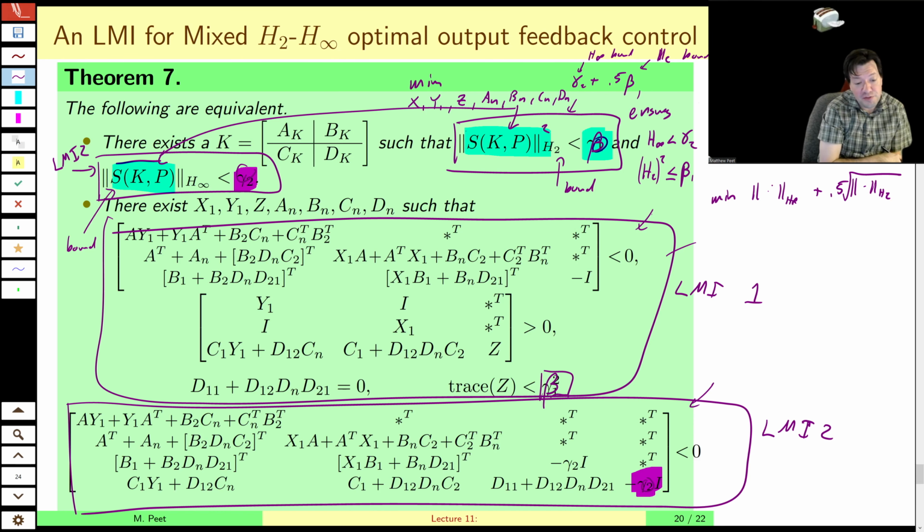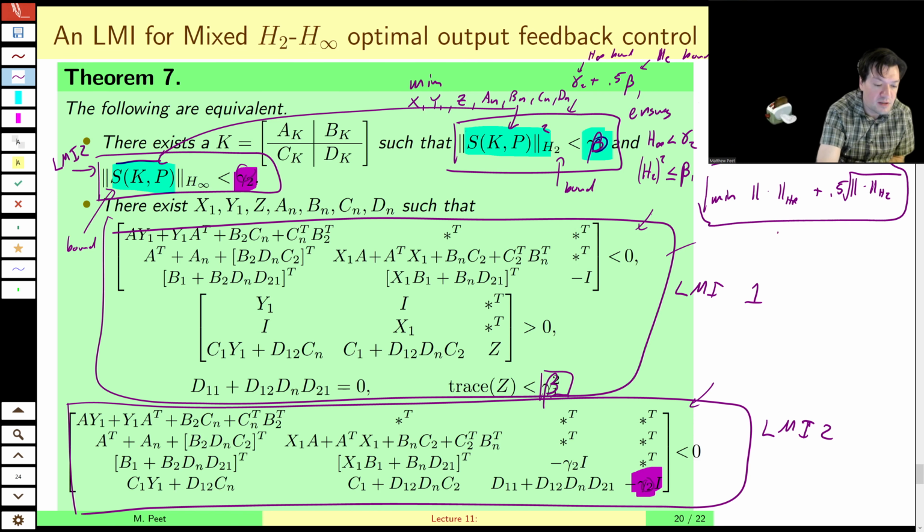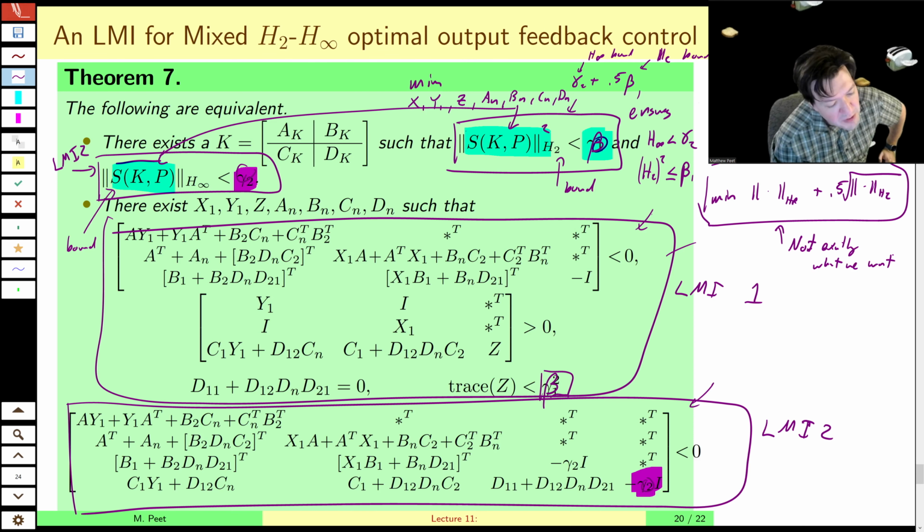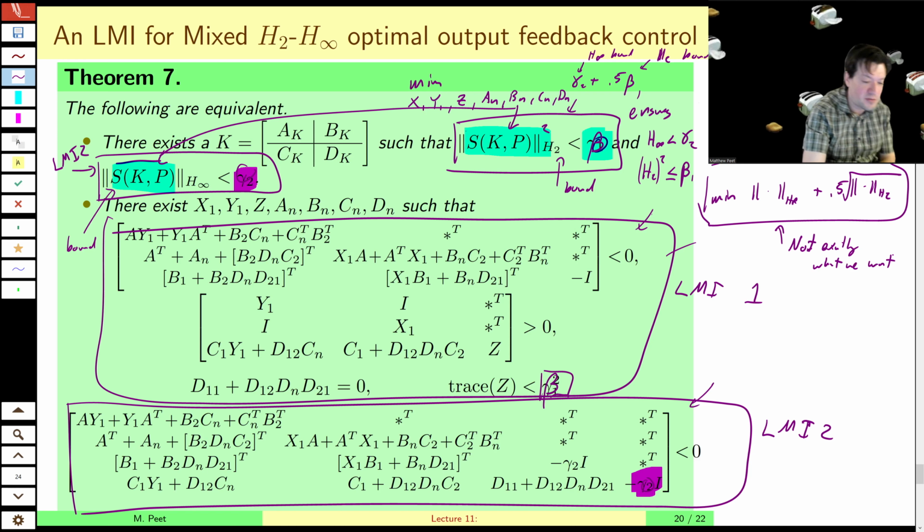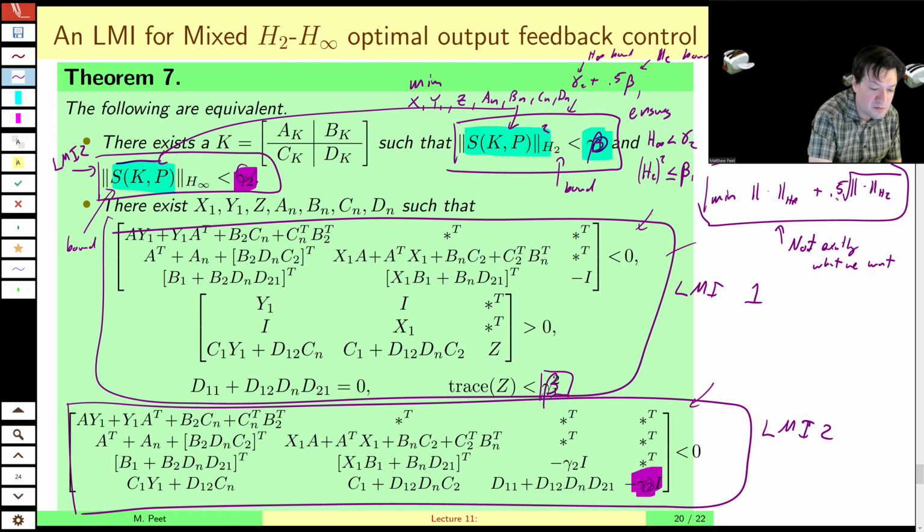Now, is that good enough for you? Well, maybe, maybe not, but it's a limitation in any case. Not exactly what we want. So we can minimize something like this. This is our weight.